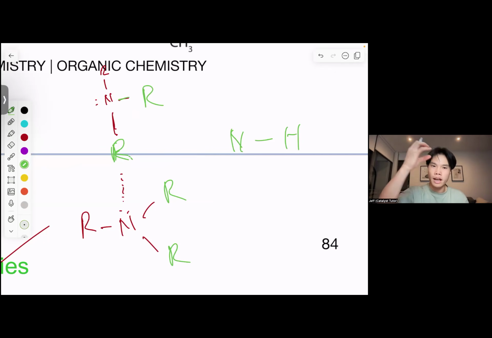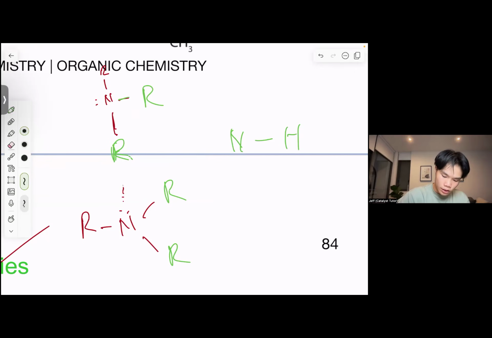If there are no more NH bonds, this amine can no longer form H bonds. This interaction is no longer possible.